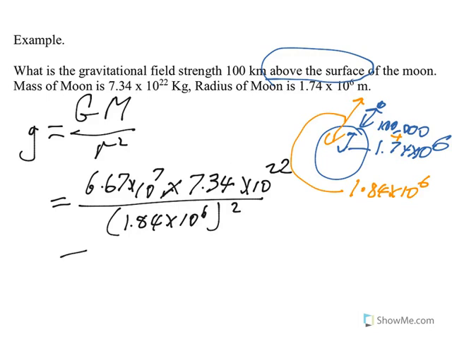When you stick that in your calculator, you get 1.45 Newton for every kilogram.